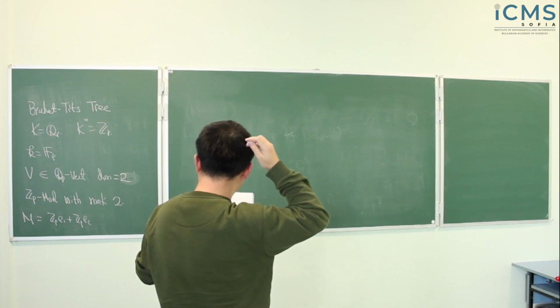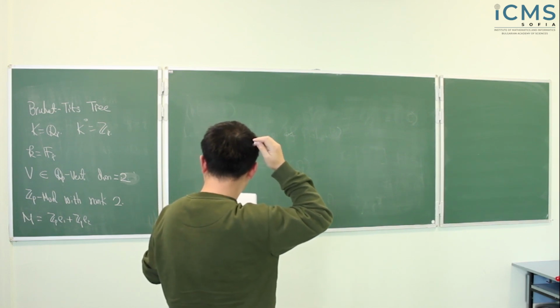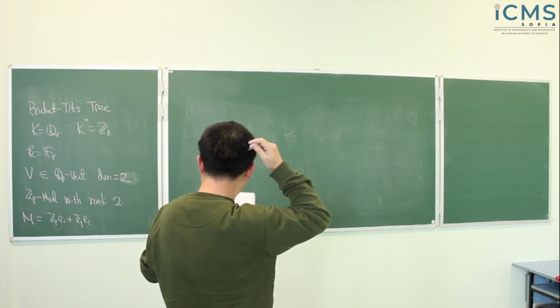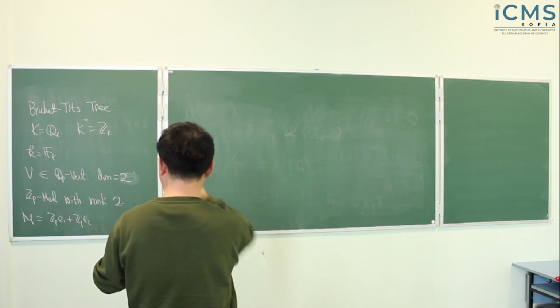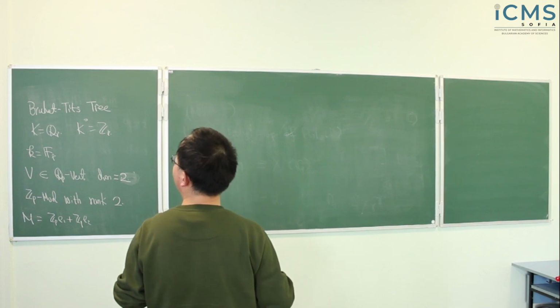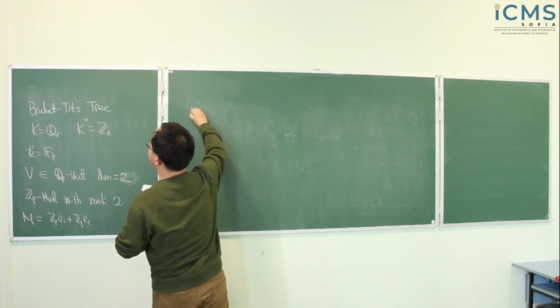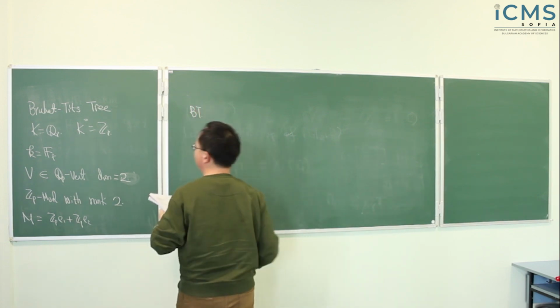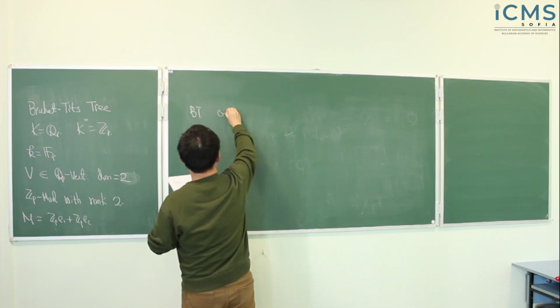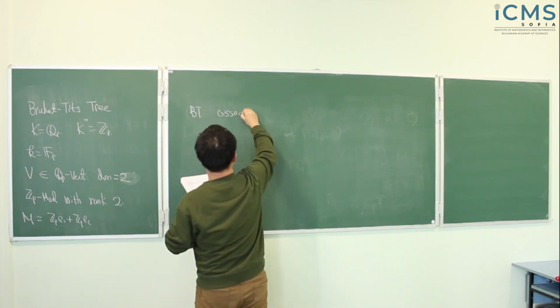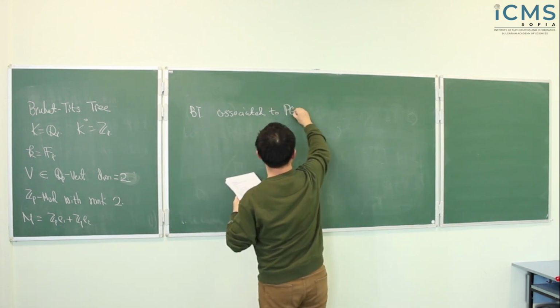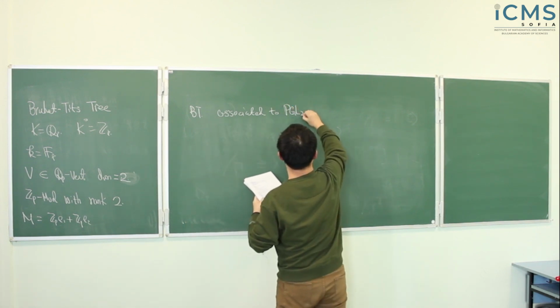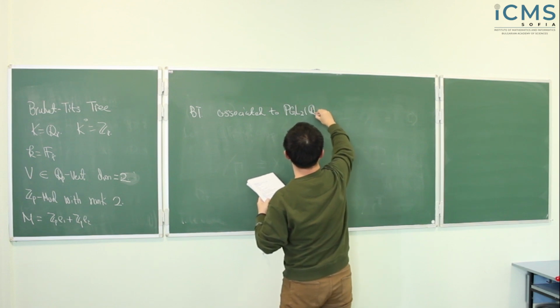So then let's first define the tree associated to PGL_2(Q_p).